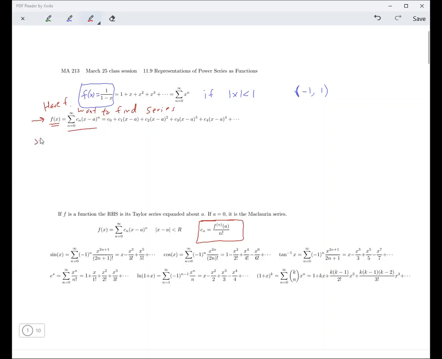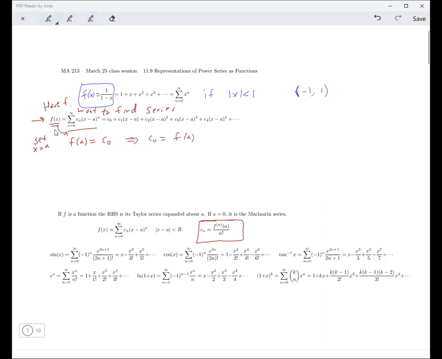This has to be true for all values of x. So you set x equal to a, which is the center point. The left-hand side gives you f of a, and over here, when you put an a here, this is gone. You put an a there, that's gone. All these things are gone, and you just have C0. So that's telling you that C0 is f of a.